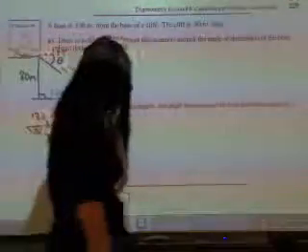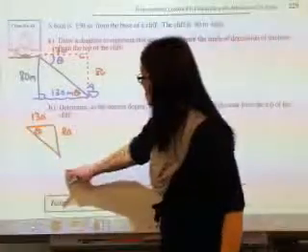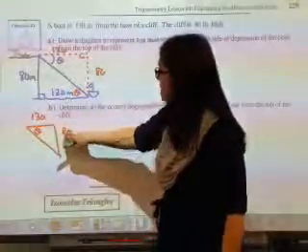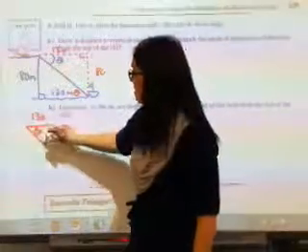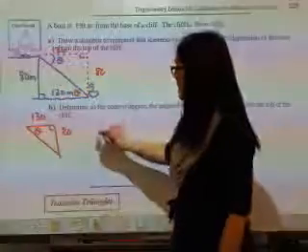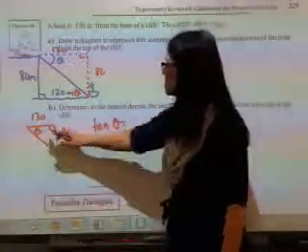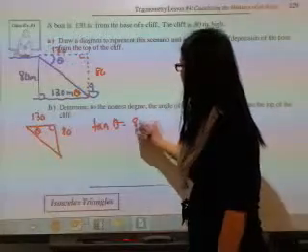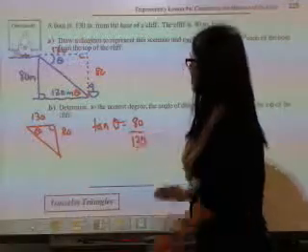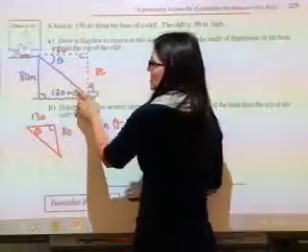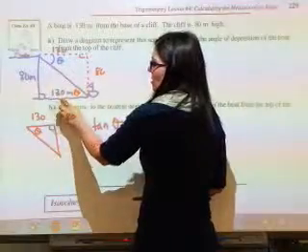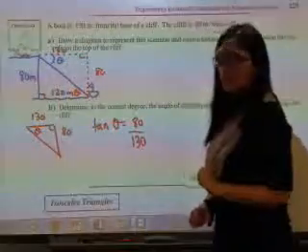But when I do this in either form, if I calculate from this triangle, I have an opposite and an adjacent, because this is my 90 degree. This is tan. Tan theta equals opposite over adjacent. It's the same calculation.